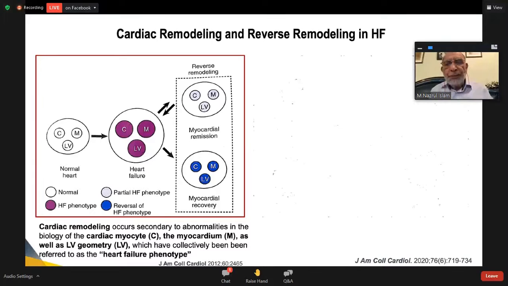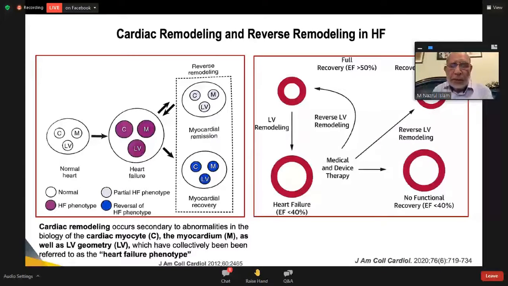To summarize again, when heart failure occurs with an ejection fraction of less than 40% after remodeling, we can use medical therapy, device therapy, or sometimes surgical therapy. Sometimes they can revert to normal, which we call the recovery phase.